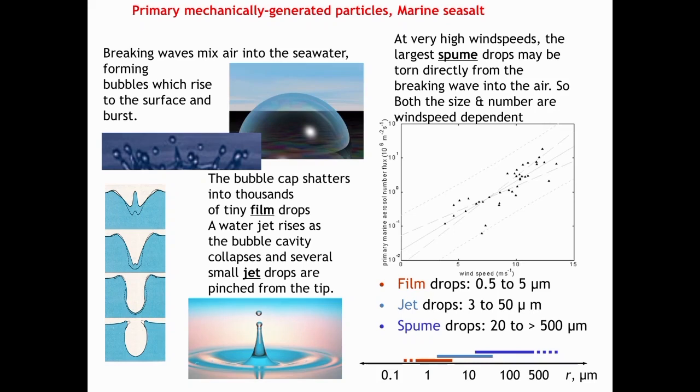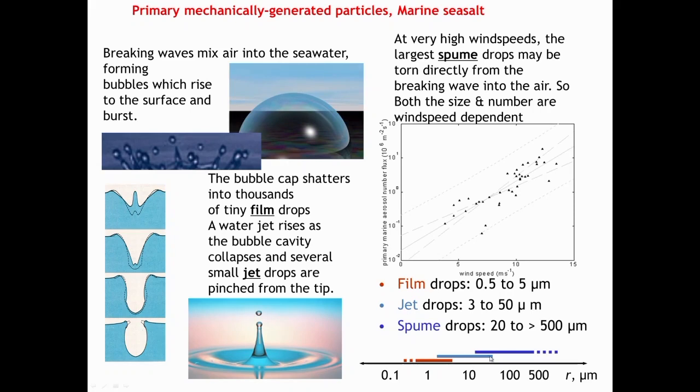But also, when it bursts, it sucks up a jet from the bottom. So that jet there is caused by the change in pressure when the bubble cap bursts. And it pinches droplets. They're shot up from the jet. So the film drops are the very finest.